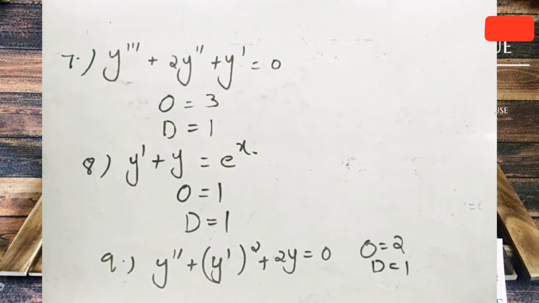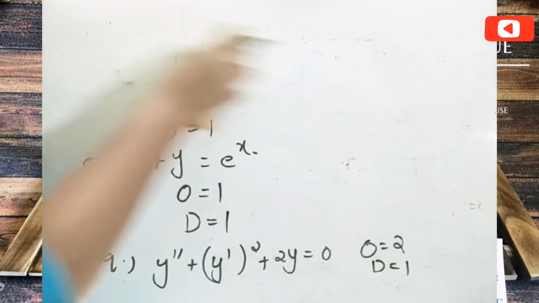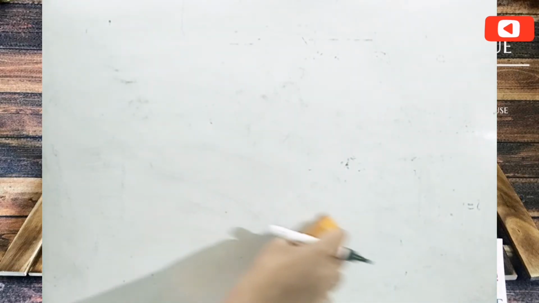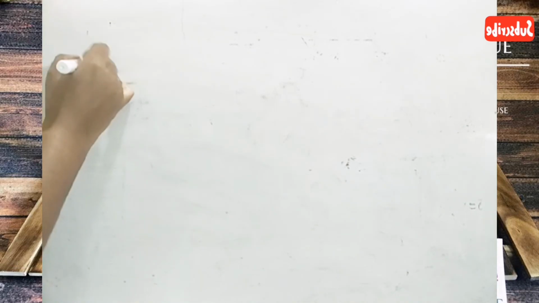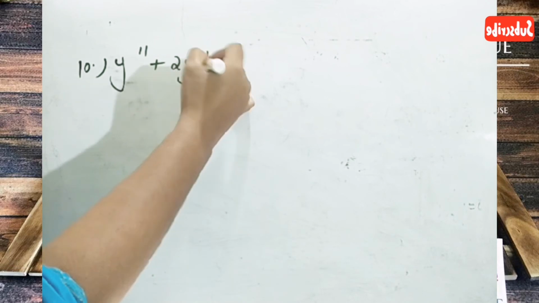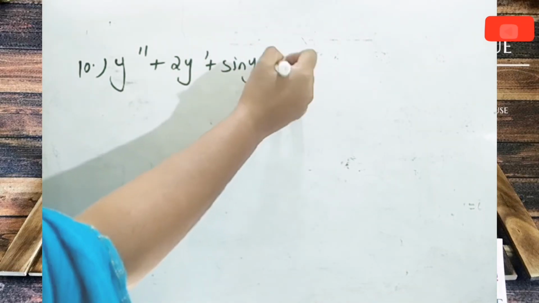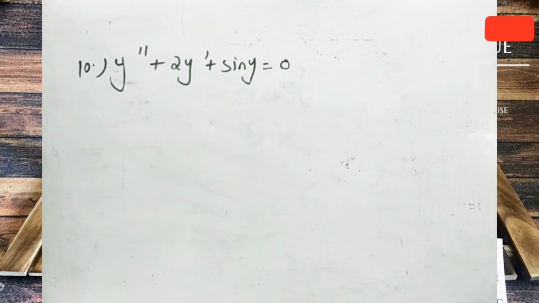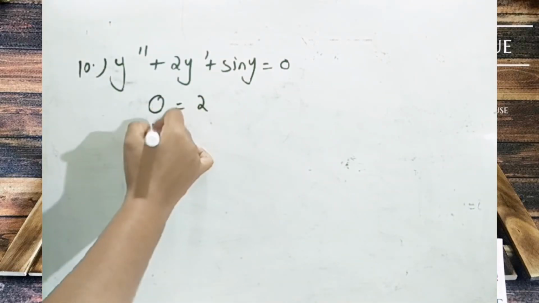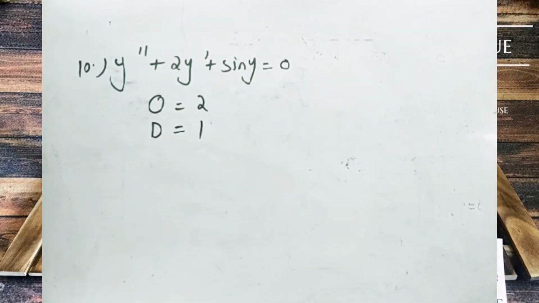So order is 2 and degree is 1. Tenth question: y'' + 2y' + sin y = 0. The highest order derivative here is 2 and its power is 1. So order 2 and degree 1.